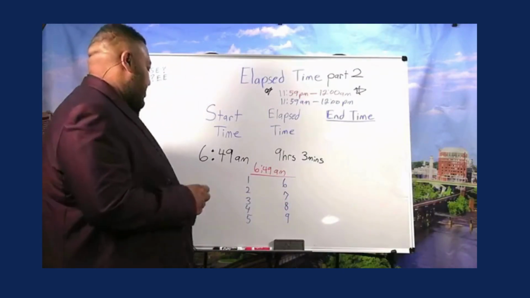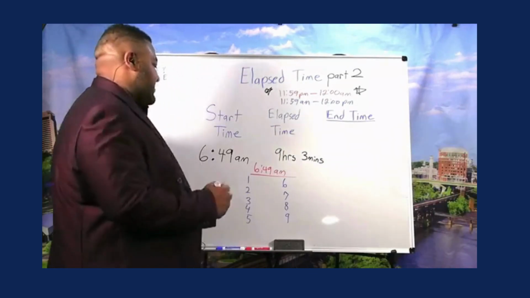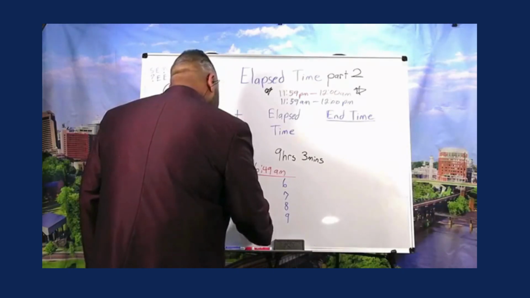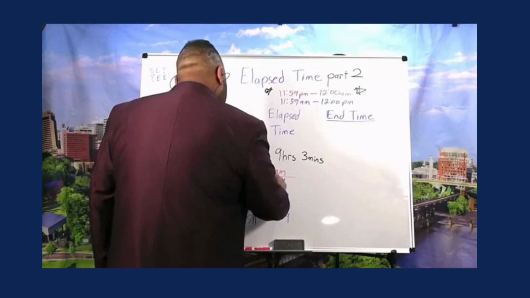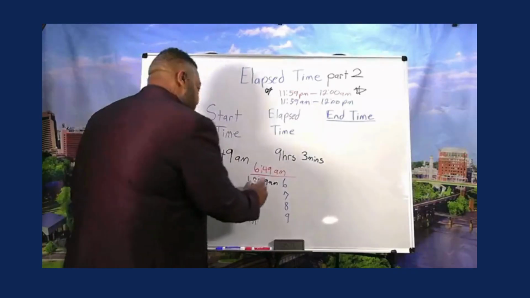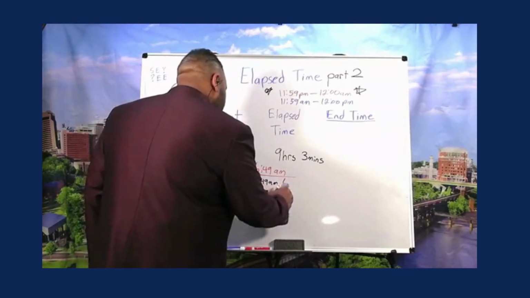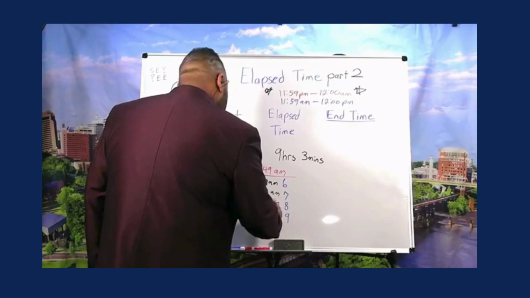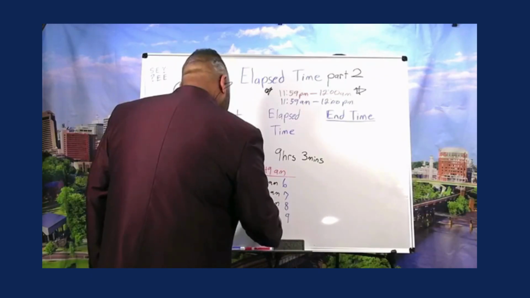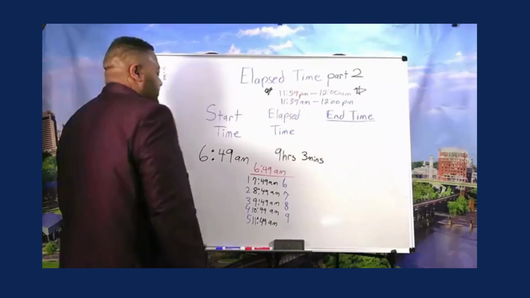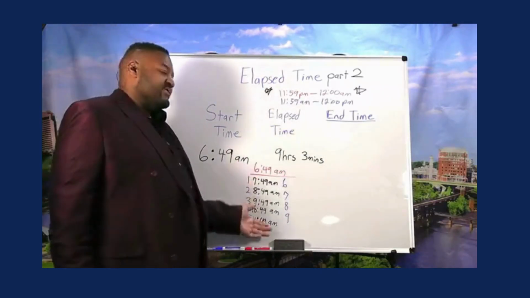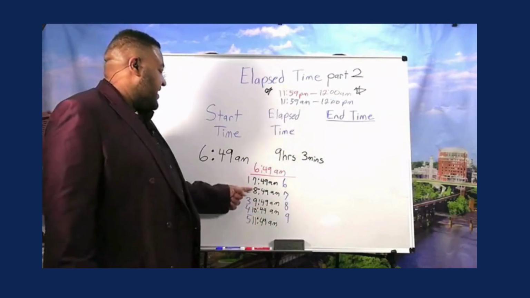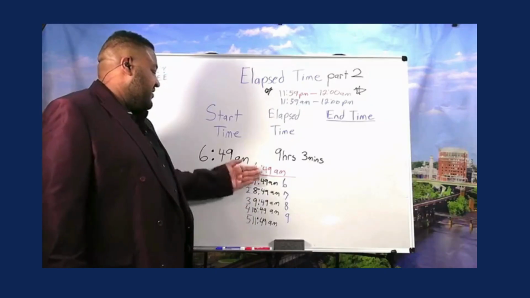And let's see what's going to happen here. We'll come after 6:49 a.m.: 7:49, 8:49 a.m., 9:49 a.m., 10:49 a.m., 11:49 a.m. Notice the only thing that's changing right now is my hour. 7, 8, 9, 10, 11, 49.